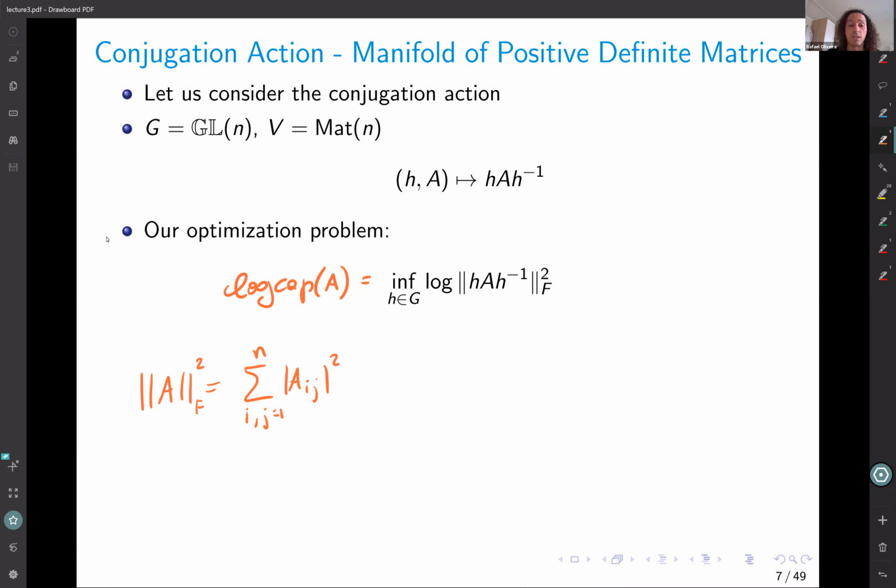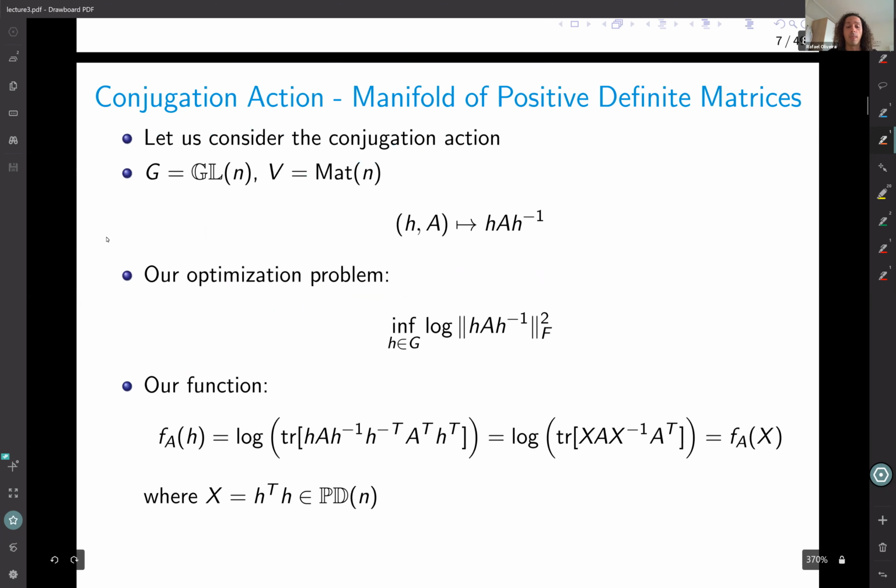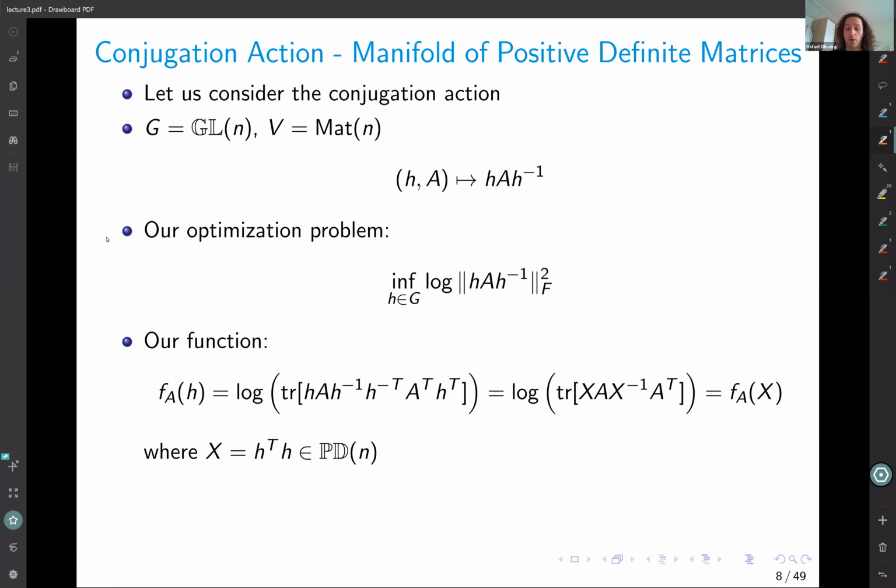So we had this optimization problem. If you think of our function, let's call it f_A of H, because our variables are the elements of the group.